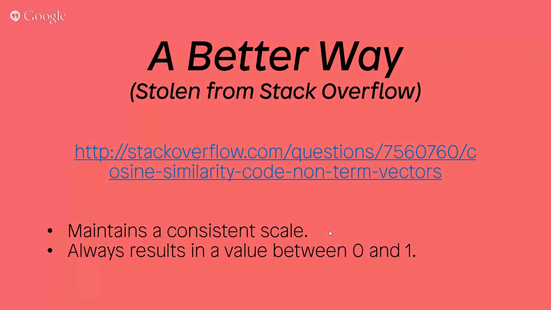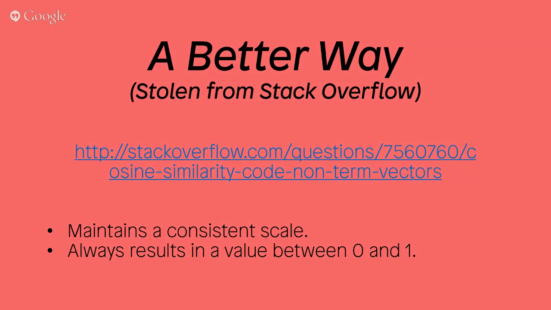Why is it a better way? Well, it maintains a consistent scale. So previously, when I had the score of 84 for the Matrix and the Terminator, that number was not based on any sort of minimum or maximum. It was just multiplying a bunch of values and seeing what came out.